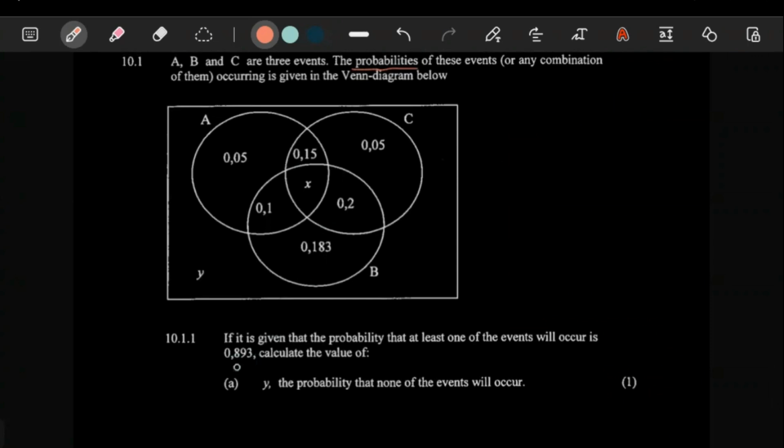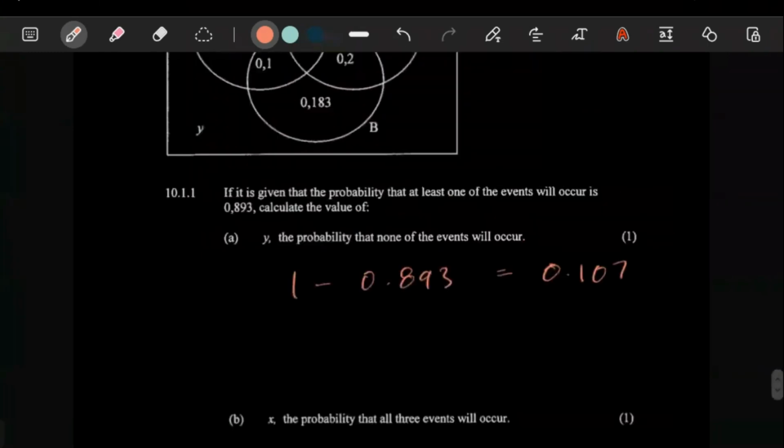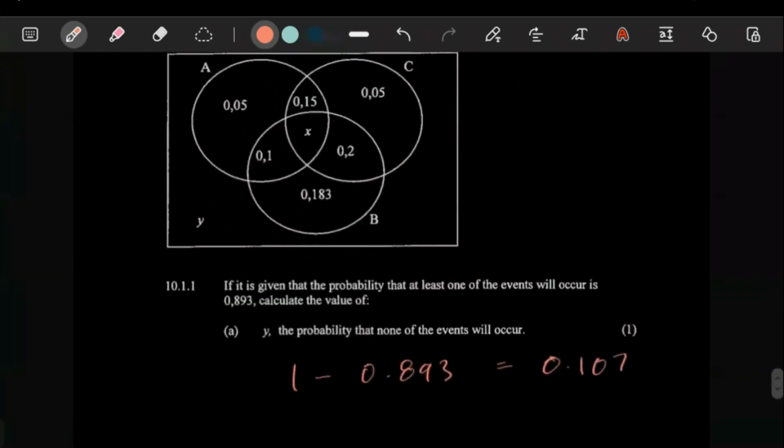So we can just say 1 minus 0.893. That's giving us 0.107.